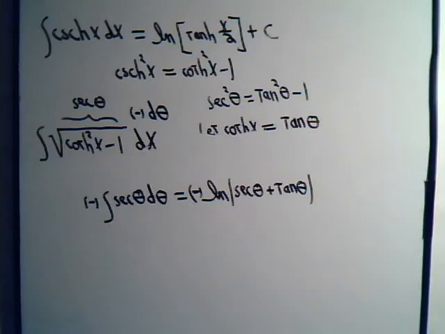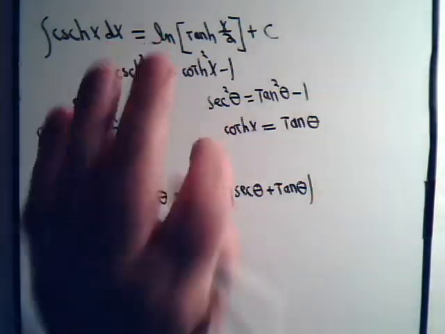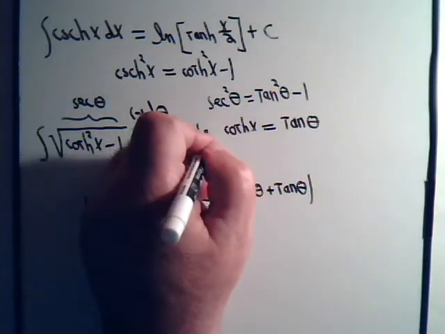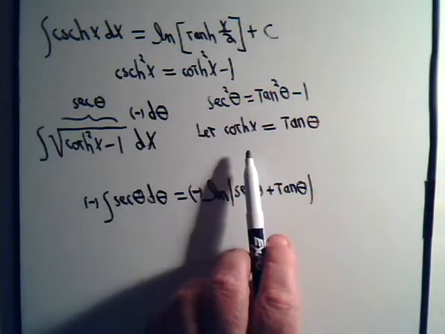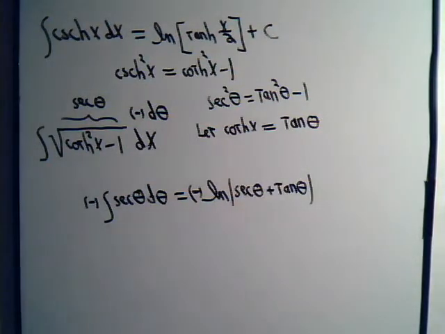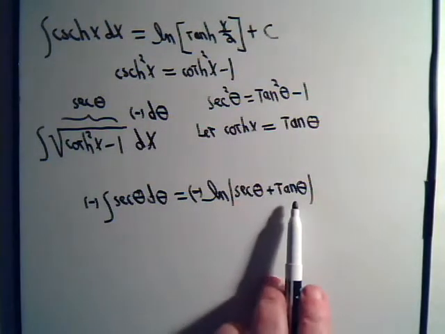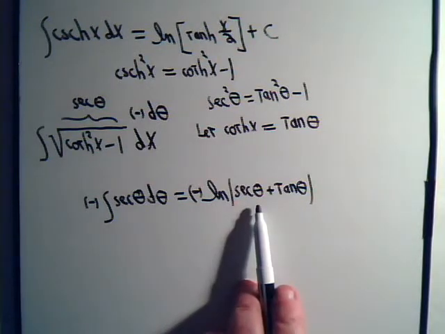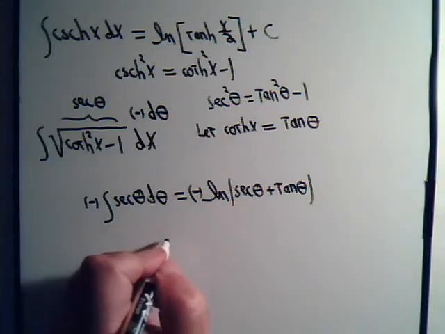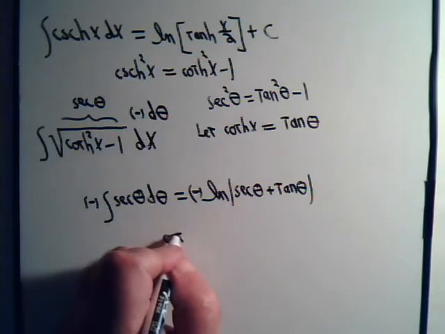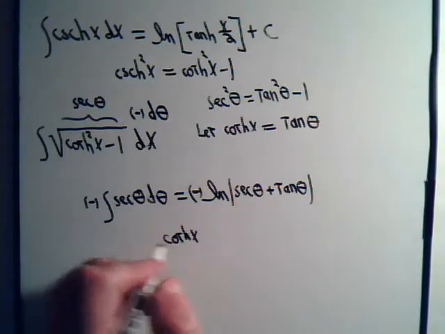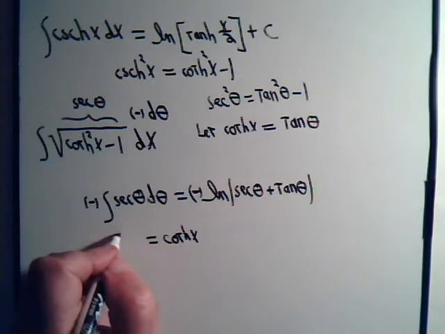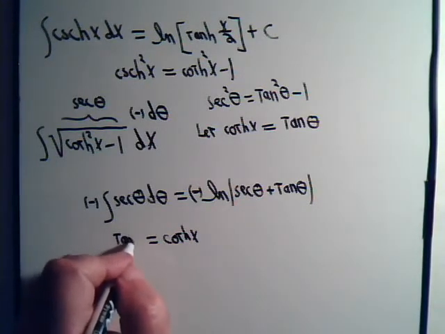Now we have to go back and remember our substitution. That was this right here. We said let the hyperbolic cotangent of x be equal to the tangent of theta. So we can express this in terms of the variable x. That's just the hyperbolic cotangent. But what about this? So again, we draw a triangle. We have that the hyperbolic cotangent of x equals the tangent of theta.